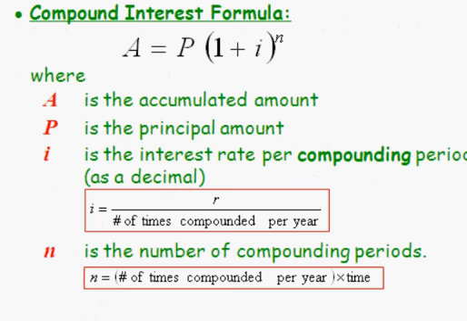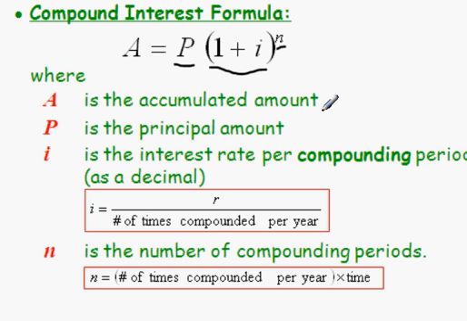The formula for compound interest is A equals P, 1 plus i to the n. And you'll notice this is the same as the exponential growth equation, where we have our starting amount, our initial amount, 1 plus the growth rate, and the number of growth periods.